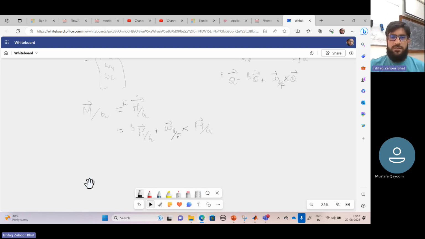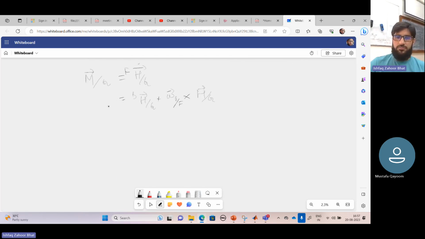So what is this vector? Omega B with respect to F cross, what is this H with respect to G? We just calculated that it is I dot omega. Okay, this is fine. But what about this?